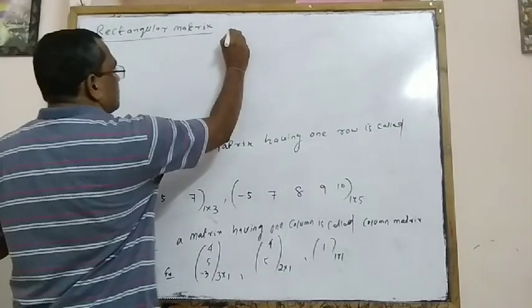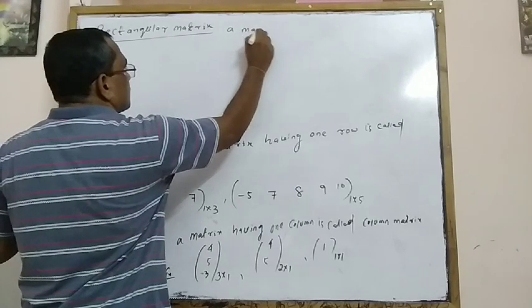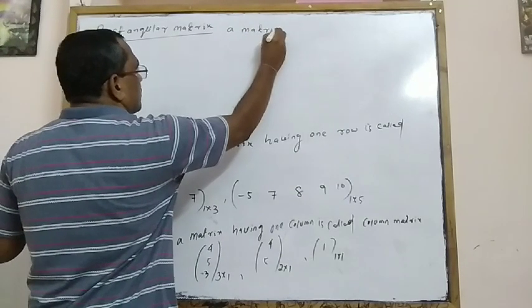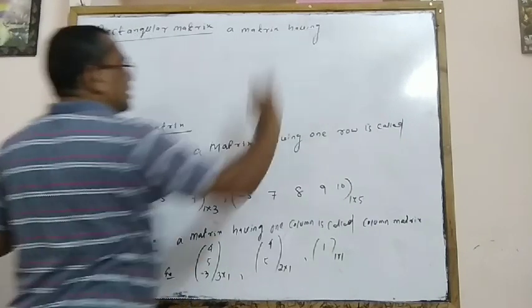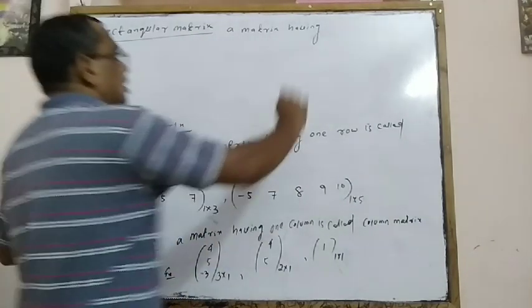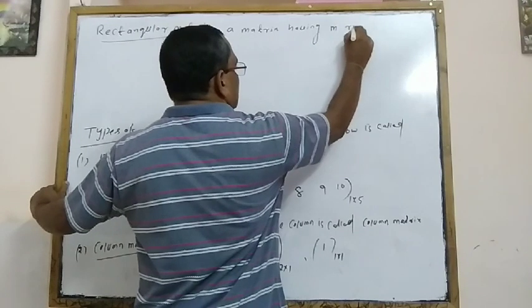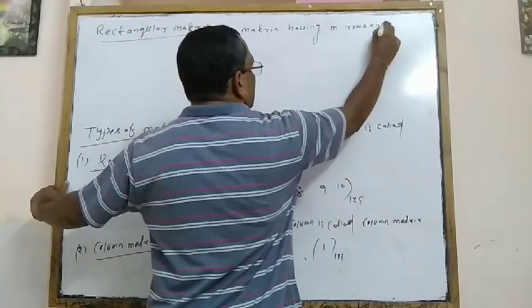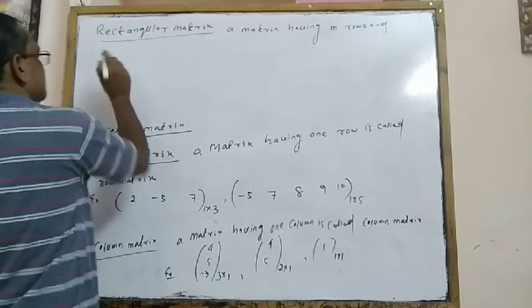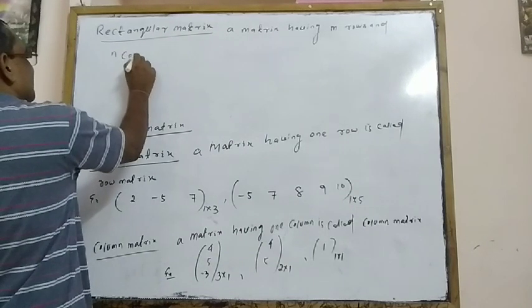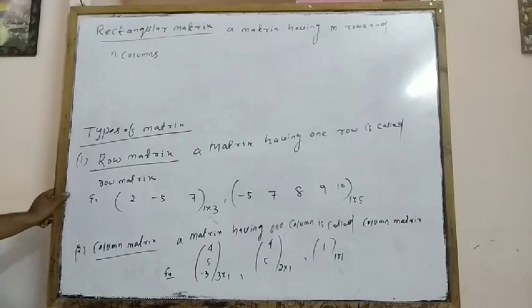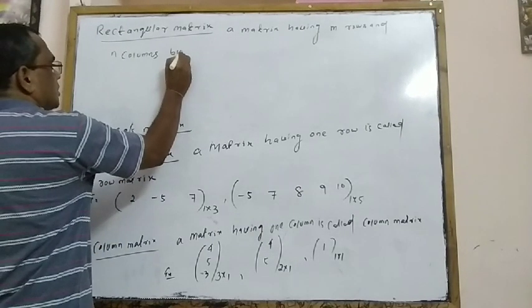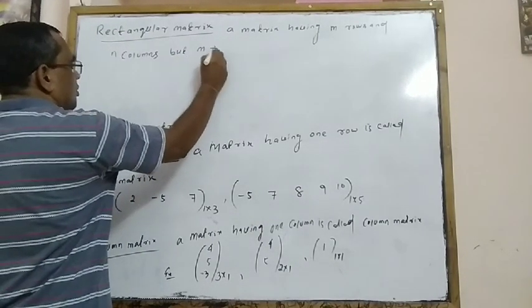A matrix having m rows and n columns, but m not equal to n.